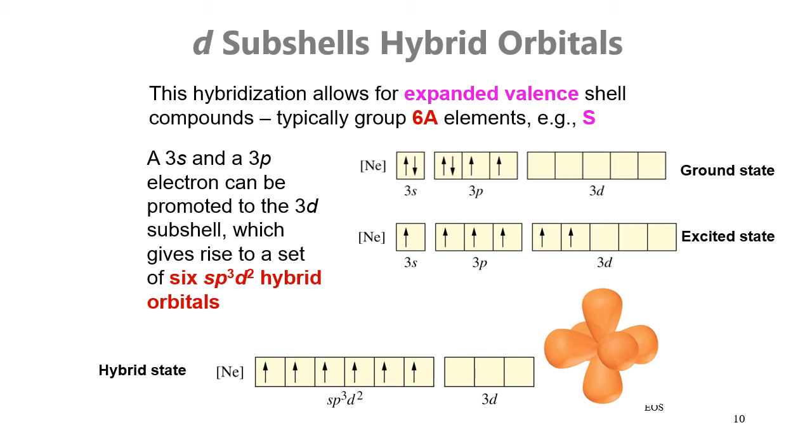When the sp3d2 orbital is formed with 6 lobes, 1, 2, 3, 4, 5, 6, it means that this central atom can be bonded with 6 other atoms, like hydrogen or fluorine.